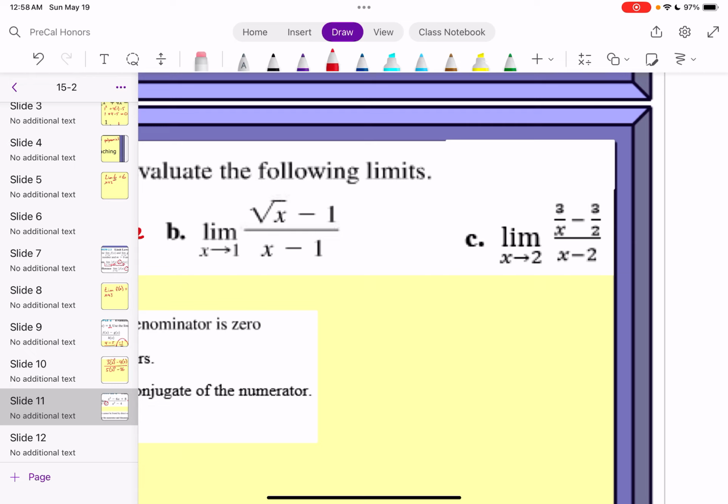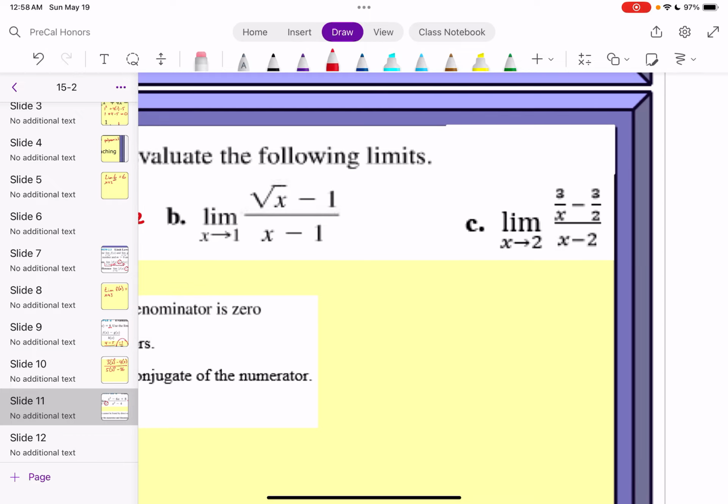Now, in B, we go ahead and break down our sample problem. Here, we end up with the square root of x minus 1 over x minus 1. Although it may not seem as though it can break down, this actually can break down. This will remain as the square root of x minus 1 over the square root of x minus 1 times the square root of x plus 1.